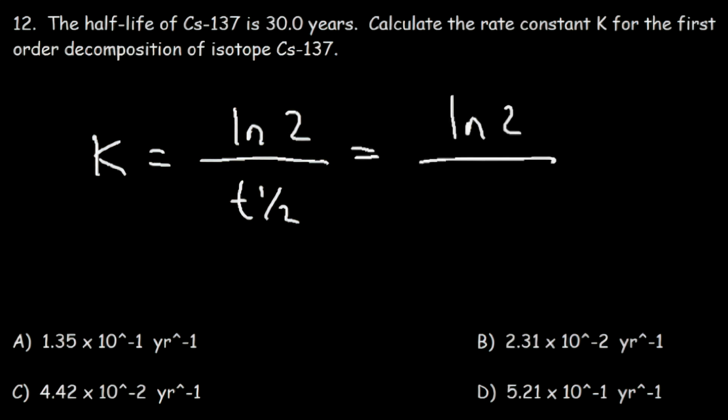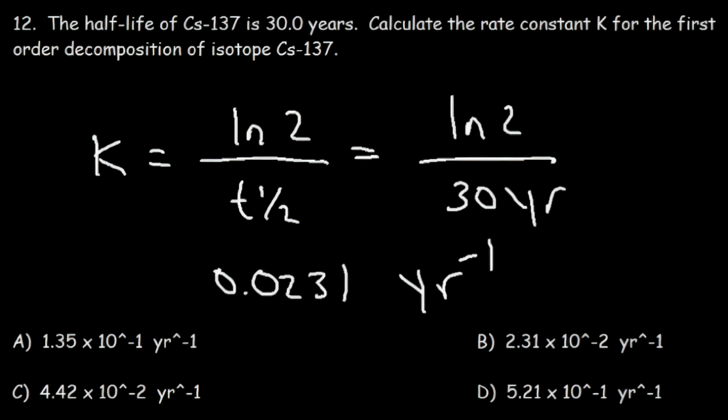So we just have to plug this in the calculator. ln 2 divided by 30 is equal to 0.0231 years to the minus 1. So the right answer for this problem is B.